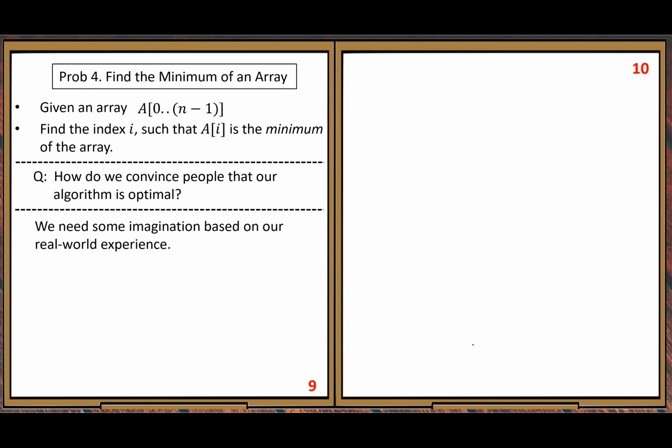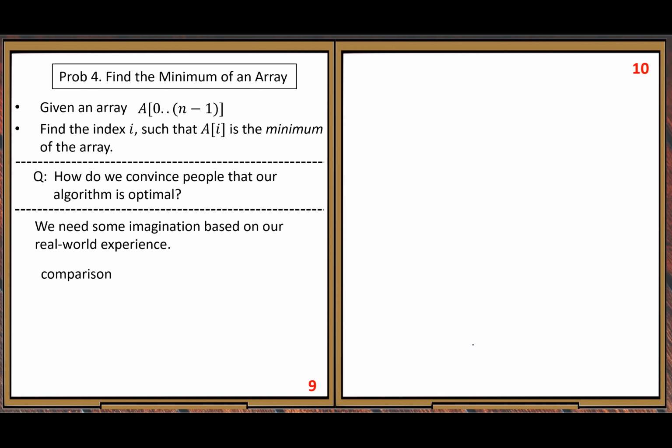Abstract means relatively hard to understand. So in order to make the understanding easier, I like to connect to some common real-world experience. If we connect to that experience, then the understanding will be much easier. So what experience to connect?